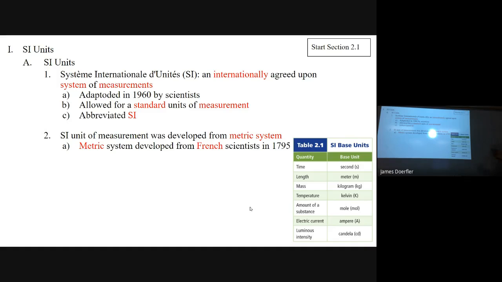It was initially developed out of the metric system, you know, centimeters, millimeters, meters, everything like that. Those are all fine and dandy. The metric system was designed in 1795, but we even see today that it's still not used everywhere in the world.